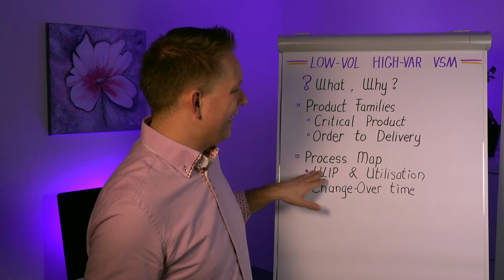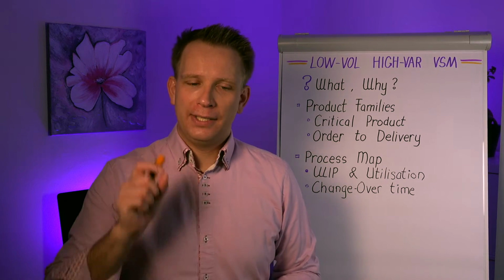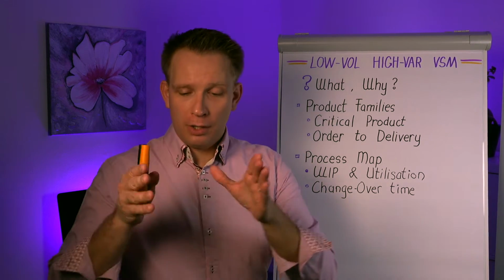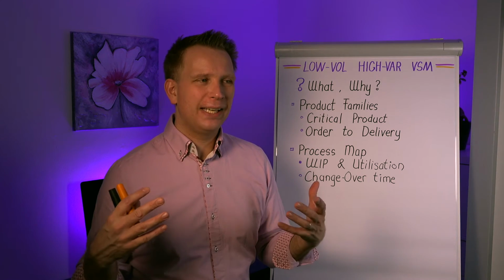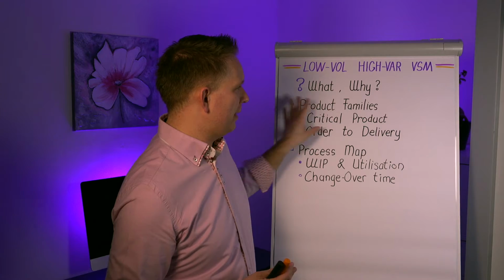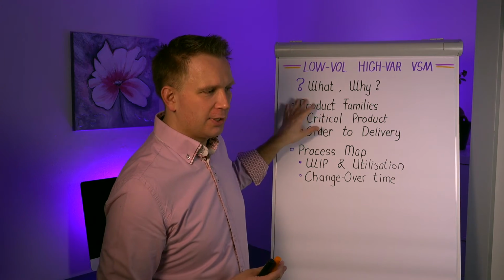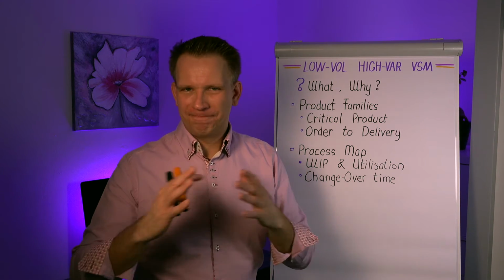And as a companion, check the total utilization of all of those sub-processes. Utilization, when you do it in a typical VSM, and especially with products or product families, is a difficult part to really see.